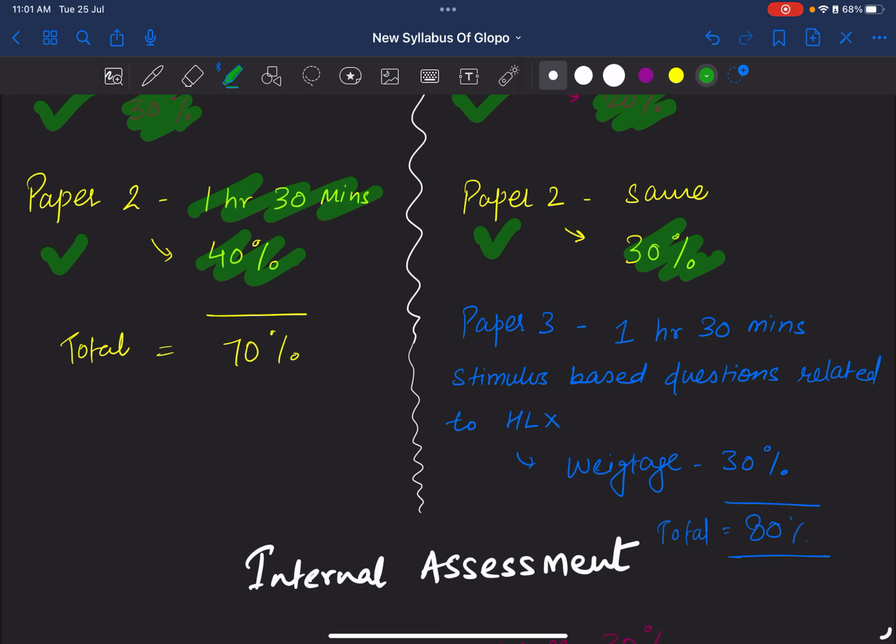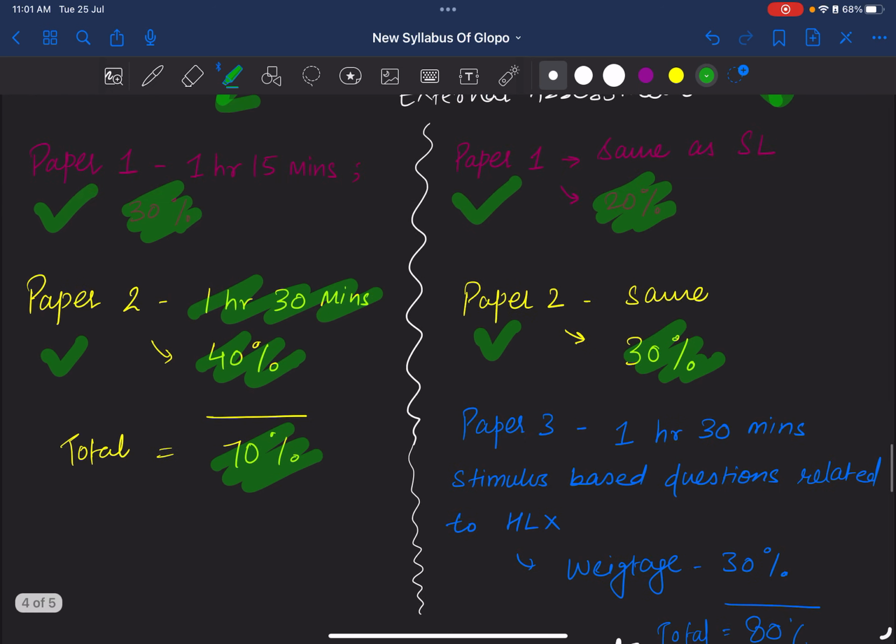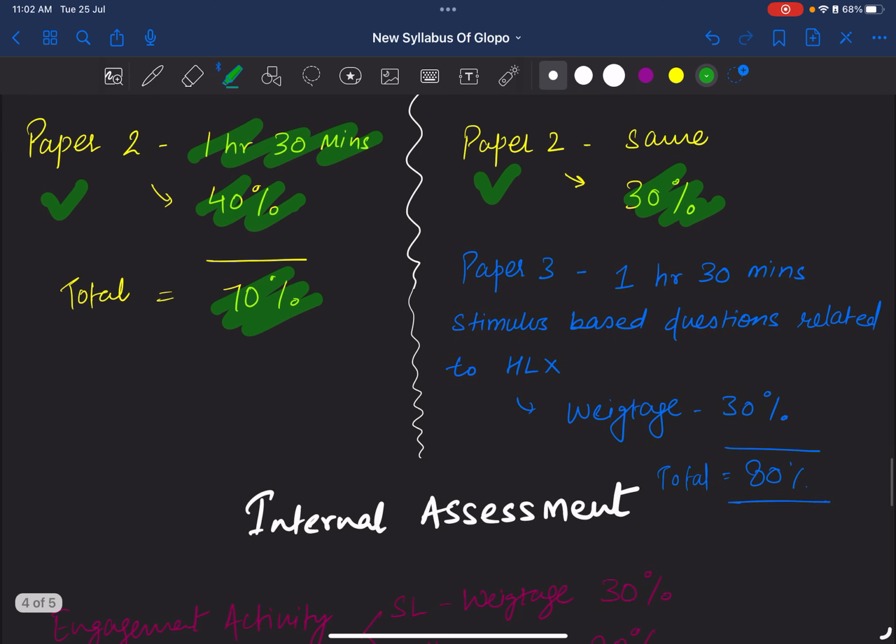Now here external assessment, EA, that makes a total of 70% for SL, and so far it has made 50%. Now what to do to make it 80%? So 30% would be paper 3. All right, paper 3 would be 1 hour 30 minutes. Stimulus-based questions. So that means what is asked in paper 1 would be of a similar nature for paper 3 as well.